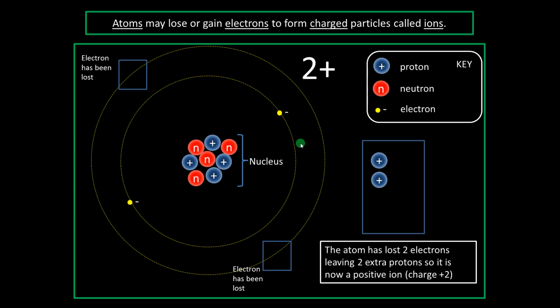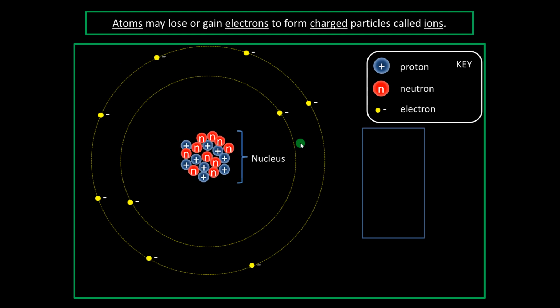Okay, so that's positive ion. Now we'll look at another example, a negative ion. Slightly more complicated nucleus, but the same principle applies. This time we're going to add an electron to that outer shell. There it goes. And we do the same thing.